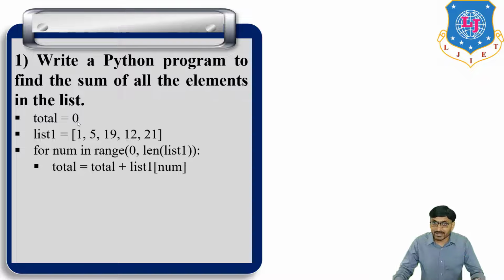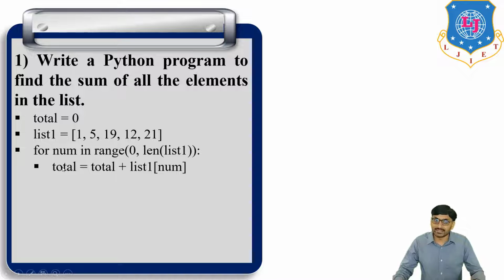In the second iteration, the total from the previous iteration is used here. In the previous iteration, the final total is equal to 1. So here we put 1 plus list1[number]. The second element is 5. So 1 plus 5 is equal to 6. So at the end of the second iteration, total is equal to 6.